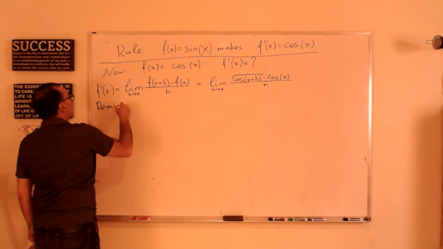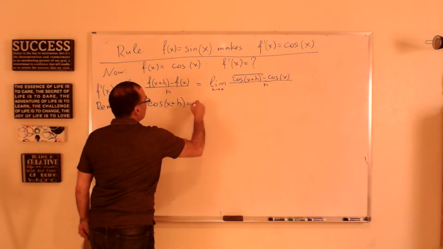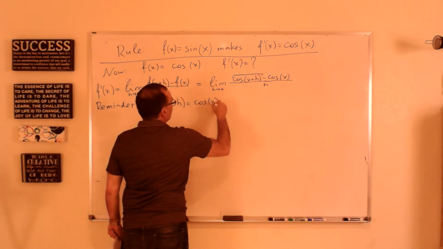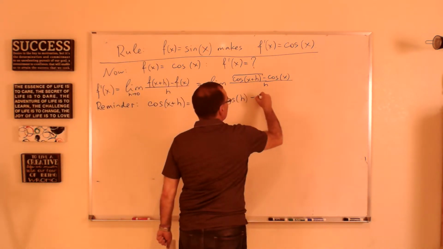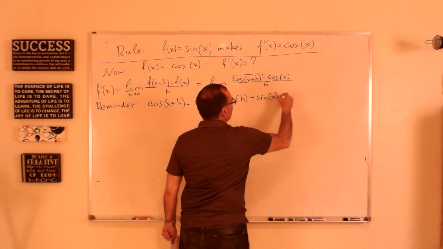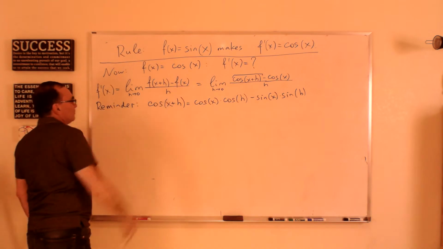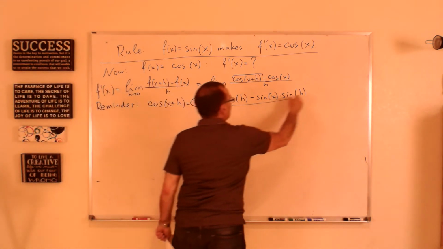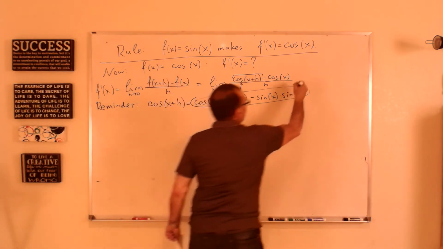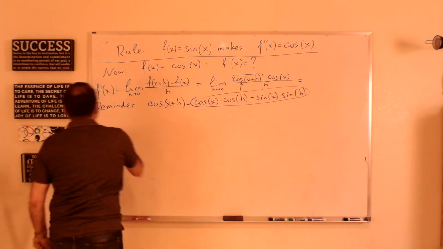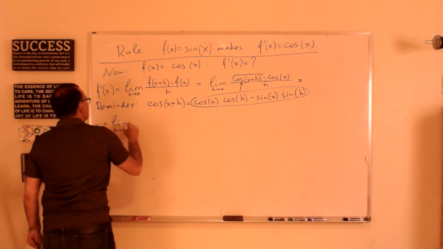Here's the reminder. Cosine of x plus h equals cosine of x times cosine of h, so it's different from sine, and subtract sine of x times sine of h. So this is the formula for cosine of x plus h, and this entire formula goes here. And so it will end up as the limit as h approaches 0.